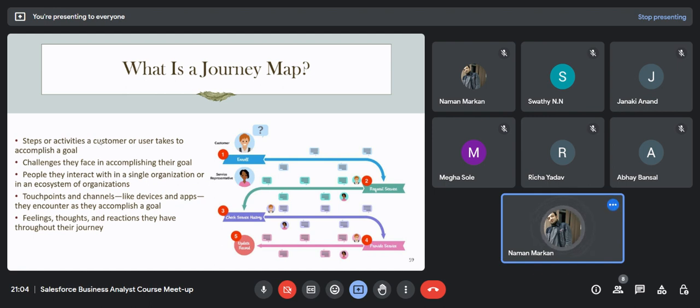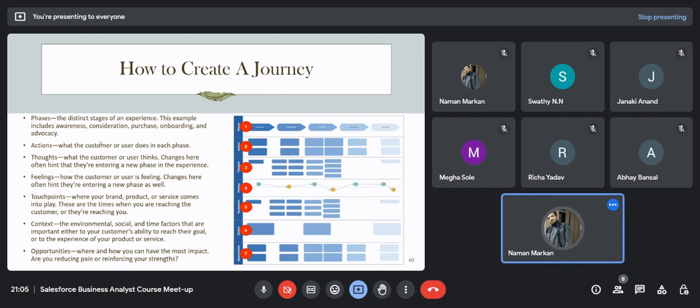Then that particular customer representative helps you by providing a solution, so that you can get satisfied that now my internet is working fine. So that journey is built by certain people who are involved in it, and that is the phases which are taken care of.